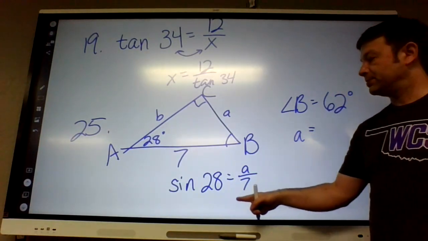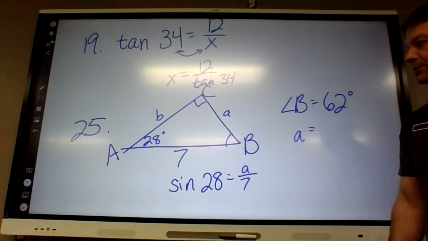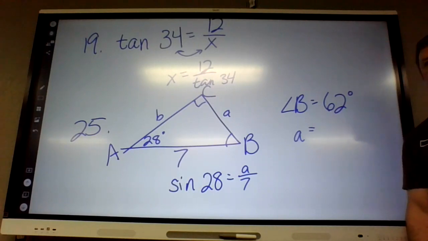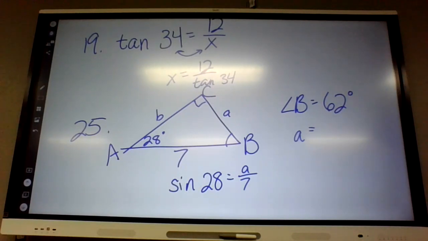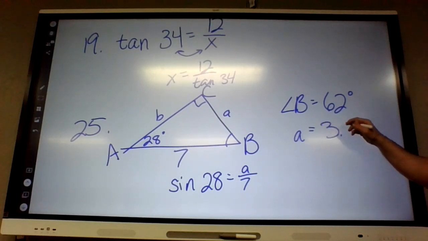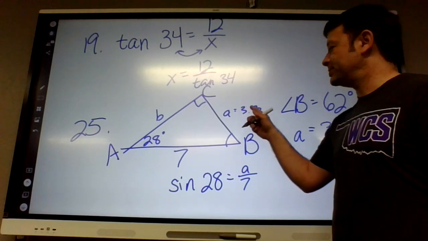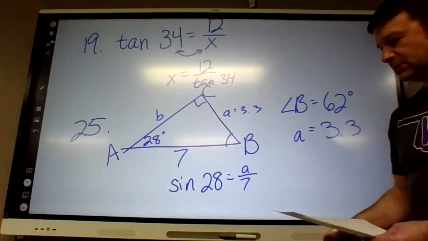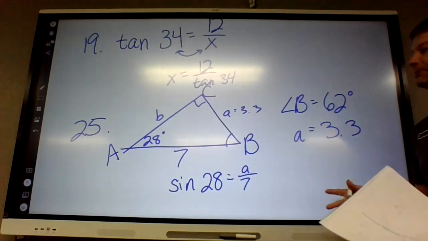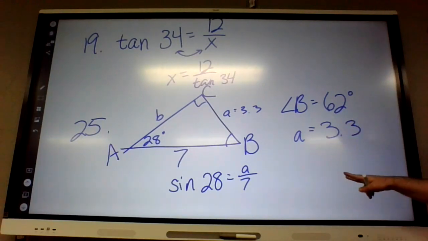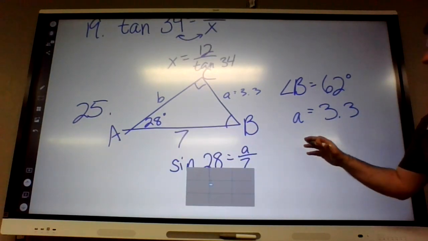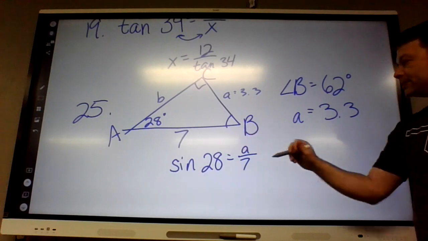So sine of 28 times 7. Somebody tell me what that is. 3.3. You can kind of tell by looking at the picture whether it's a reasonable answer or not. 3.3 seems reasonable if the hypotenuse is 7.